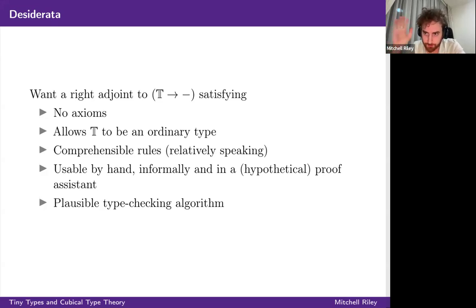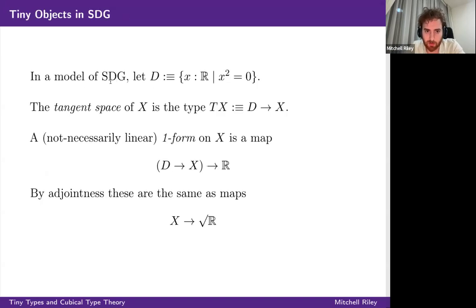I don't want to get stuck on axioms. I want to allow the tiny type to be just an ordinary type. And this is especially important for things like synthetic differential geometry, because this type that we're interested in is something that we can just describe inside the type theory already.